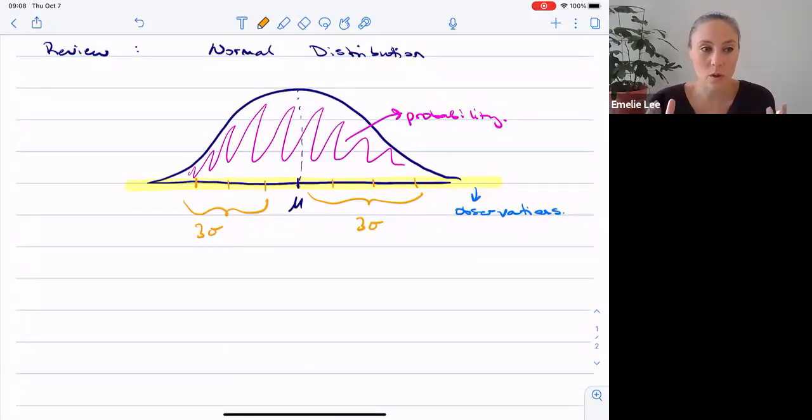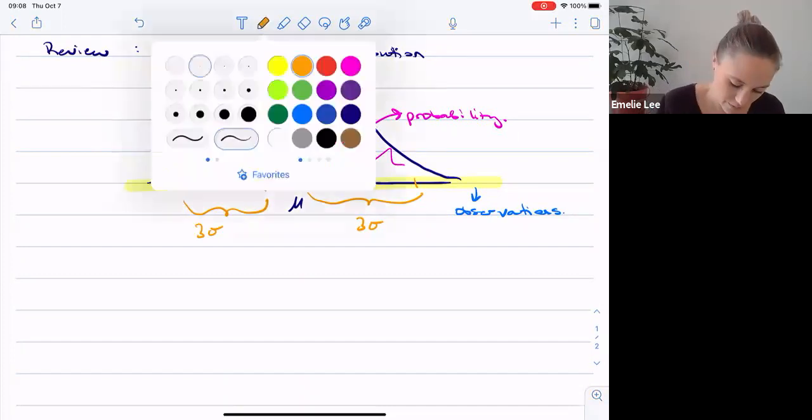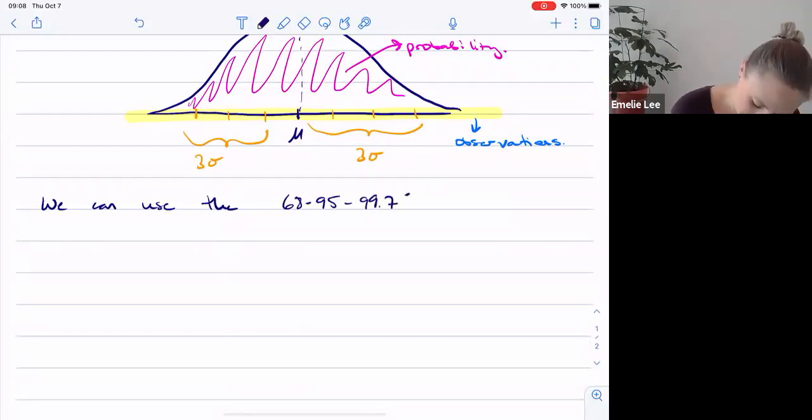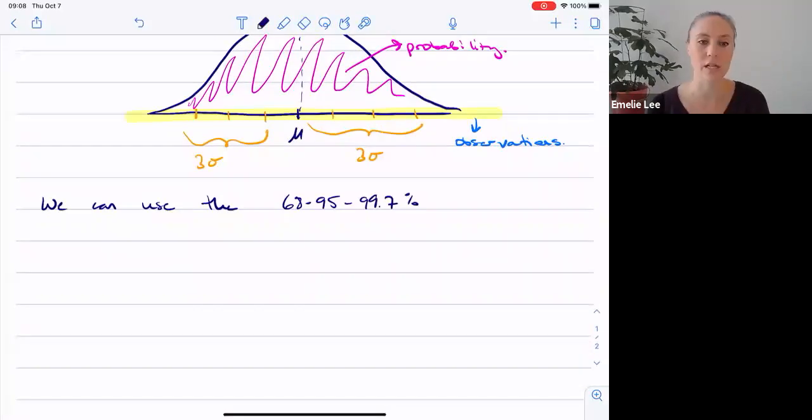So what did we say? We have, as a rule, the 68, 95, 99.7 rule. So we can use that to approximate areas under the curve. Today, we're going to introduce, well, how can we get more precise areas under the curve, right? But we can use the 68, 95, 99.7, and I'll follow it up with a percentage here.